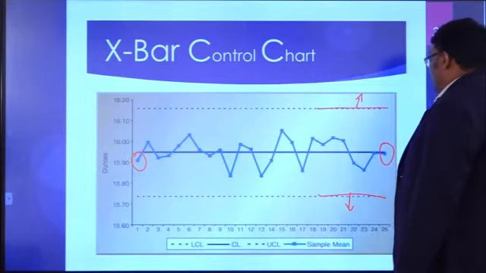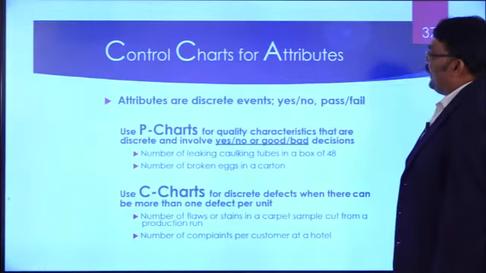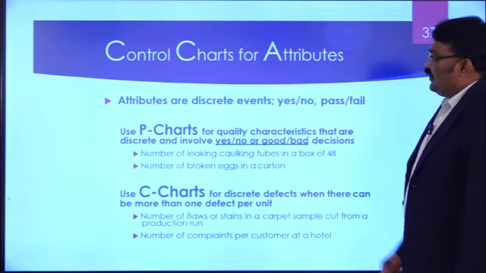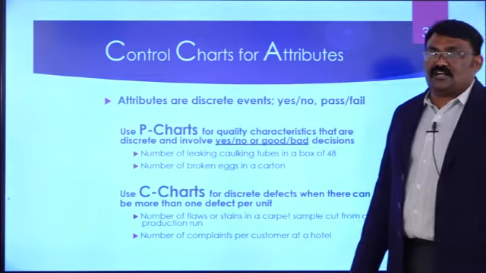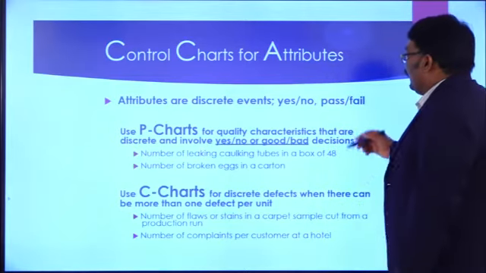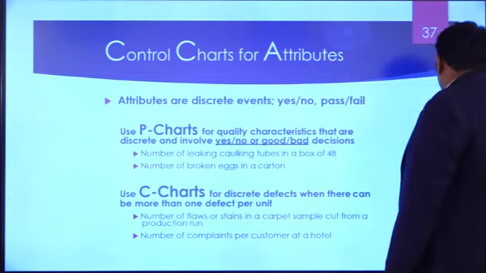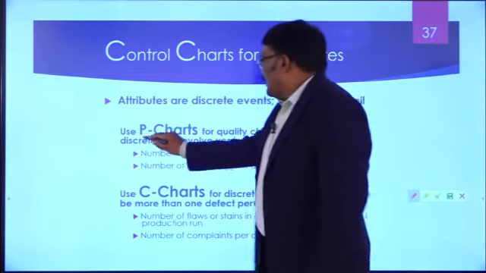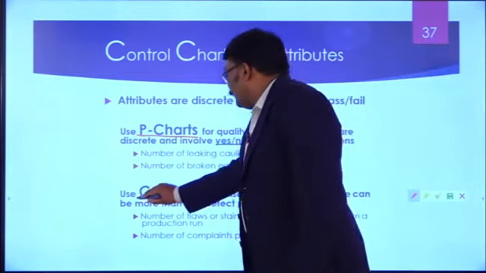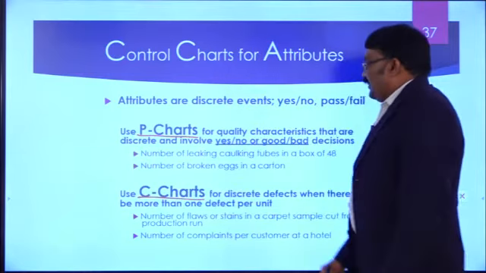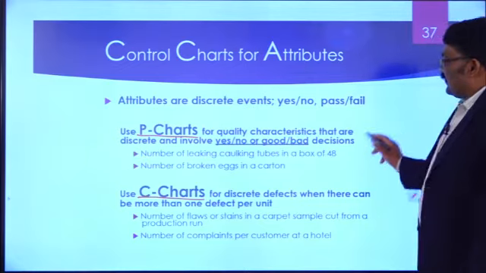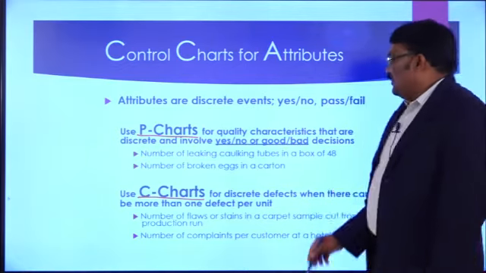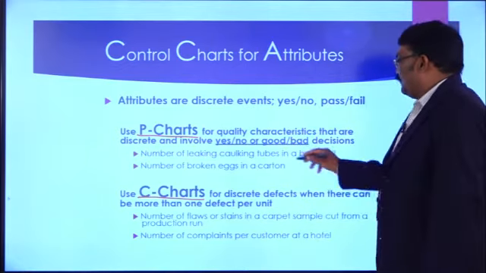Right. So, next to the X bar chart, we come to the control charts for attributes. Under the control charts for attributes, we have 2 charts: the P chart and the C chart. P chart is for quality characteristics that are discrete and involve yes or no, good or bad.